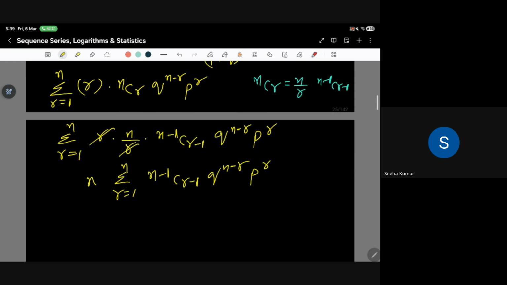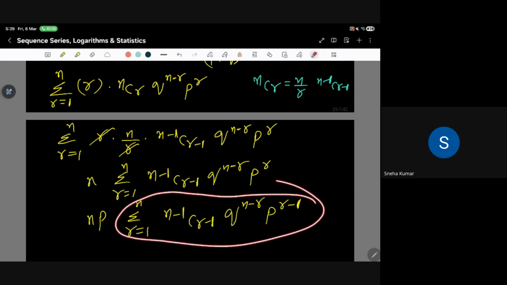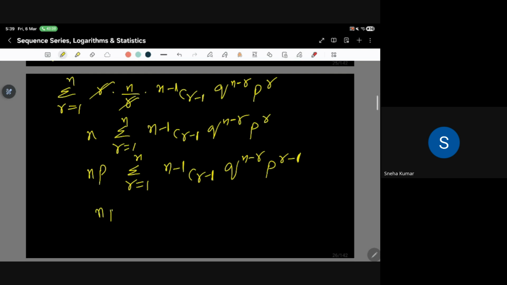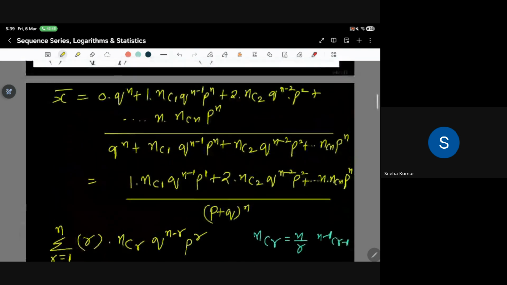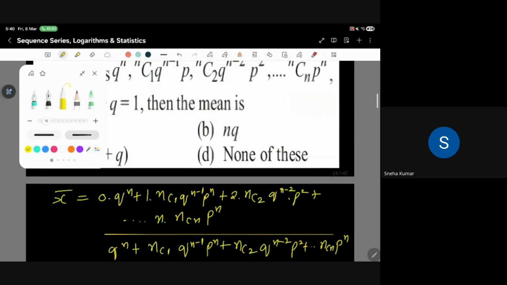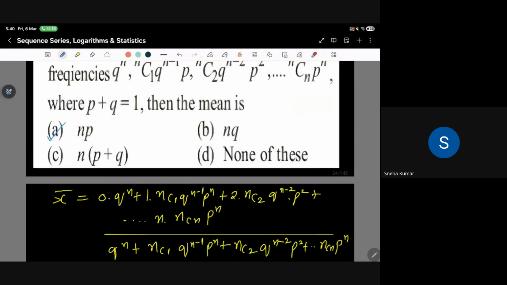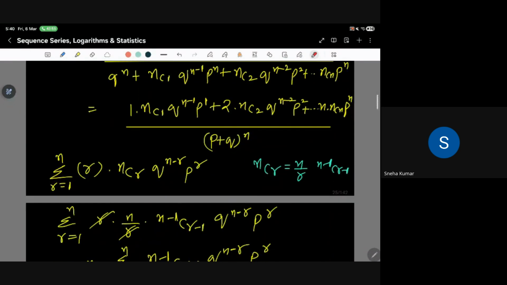So what we are doing is, we can take out one p out of this. So it becomes, and now this again becomes the summation of (p plus q) to the power n minus 1. Yes. Any doubt here in this? Okay.